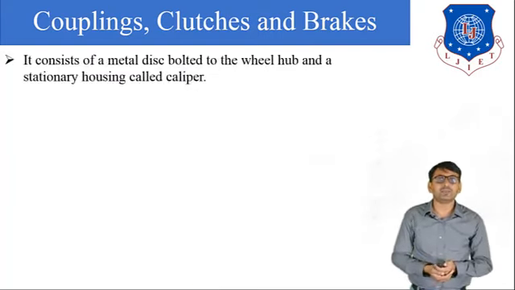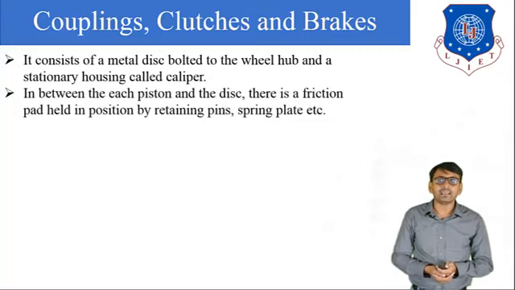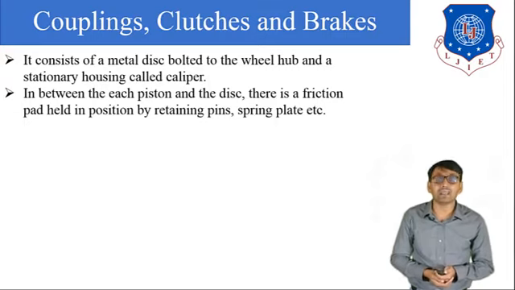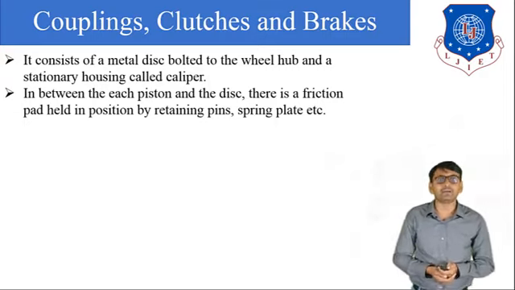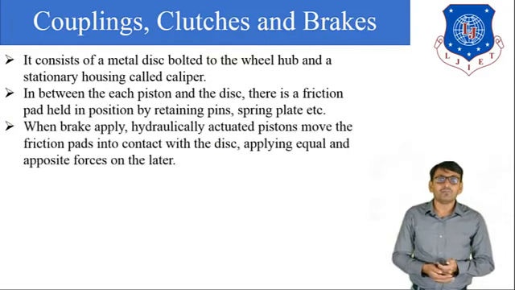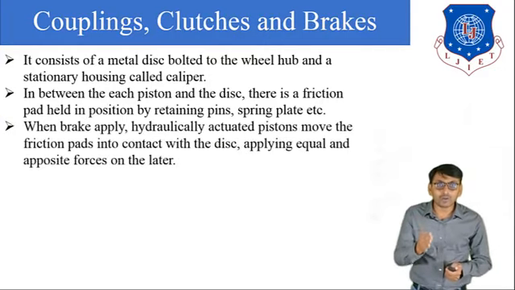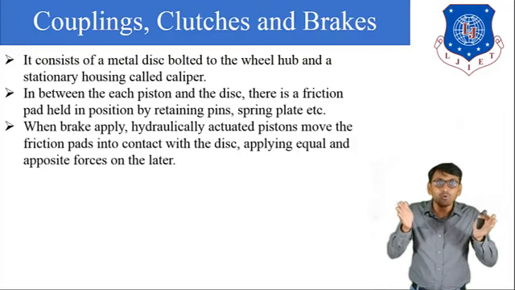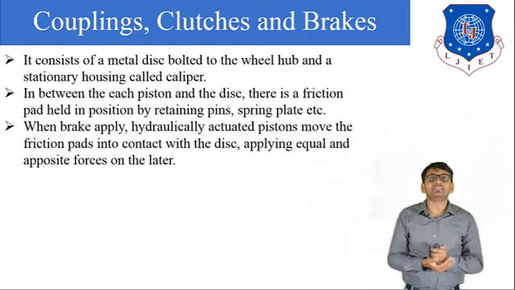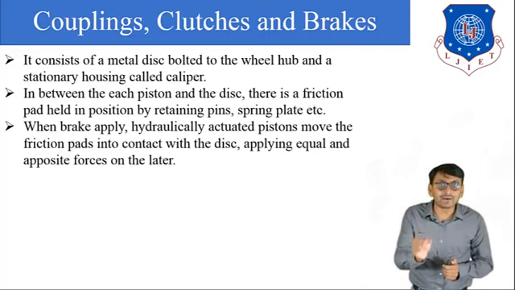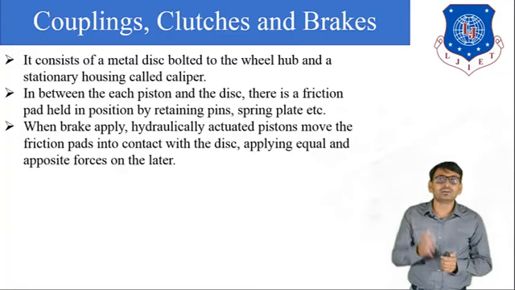Now it consists of a metal disc bolted to the wheel hub and a stationary housing called the caliper. Then in between each piston and the disc there is a friction pad held in position by a retaining pin and spring plate, etc. When the brake is applied, the hydraulically actuated piston moves the friction pad into contact with the disc, applying equal and opposite force to the disc.